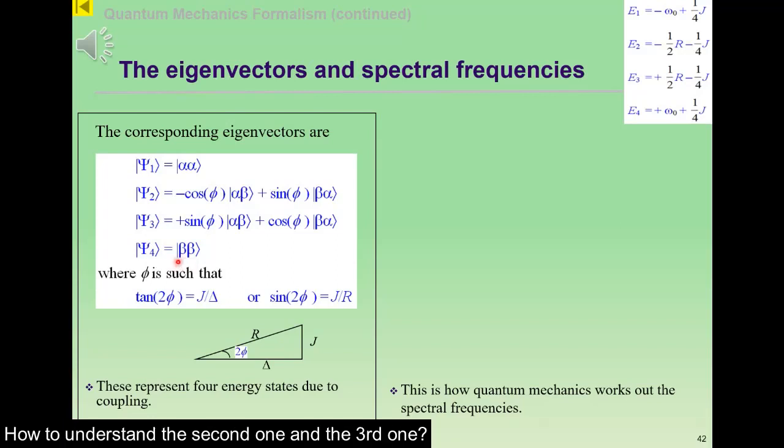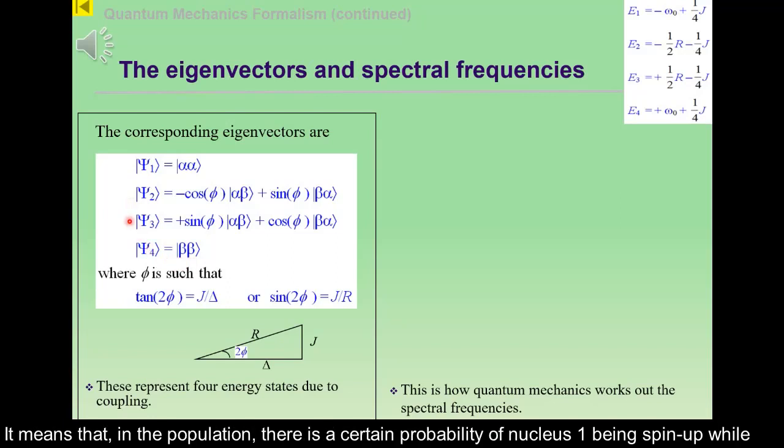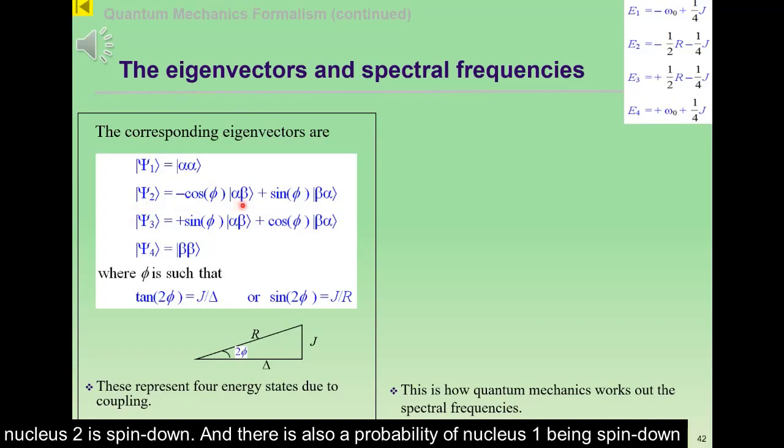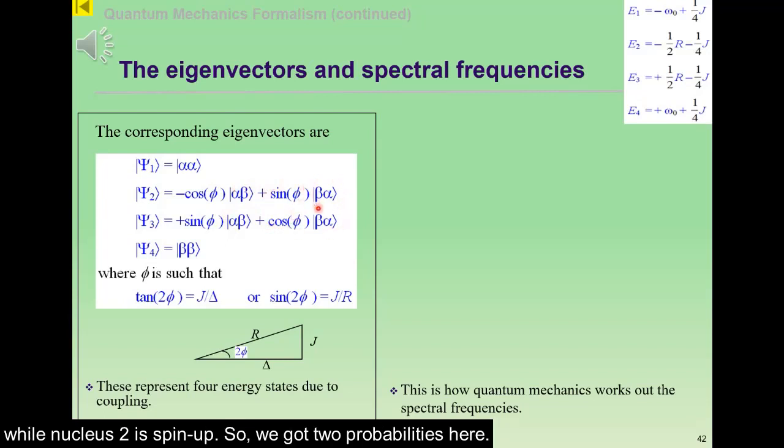How to understand the second one and the third one? It means that in the population, there's a certain probability of nucleus 1 to be spin up while nucleus 2 is spin down. And there is also a probability for nucleus 1 to be spin down while nucleus 2 is spin up. So we got 2 probabilities here.